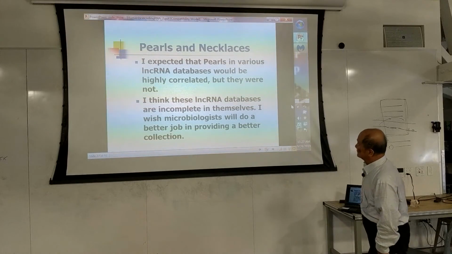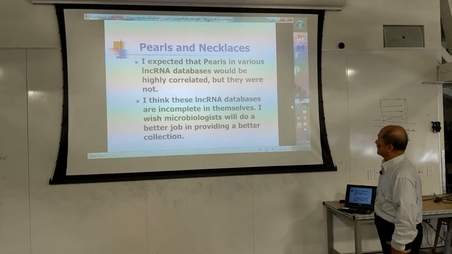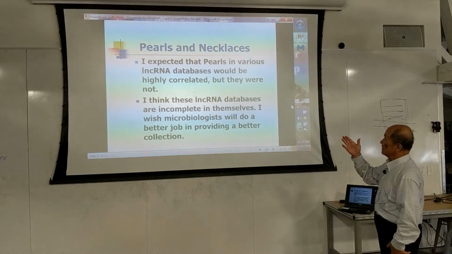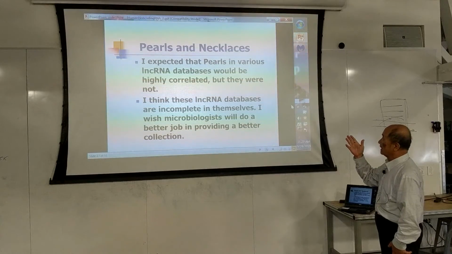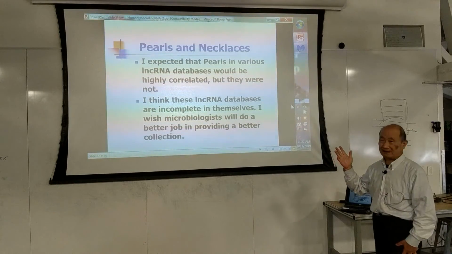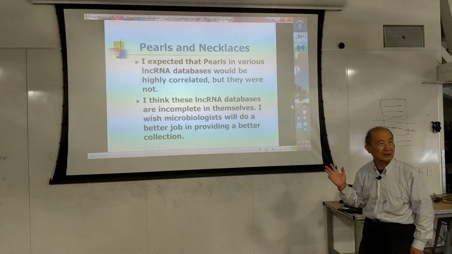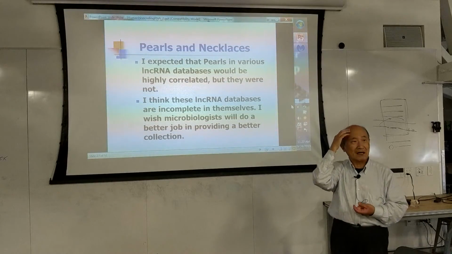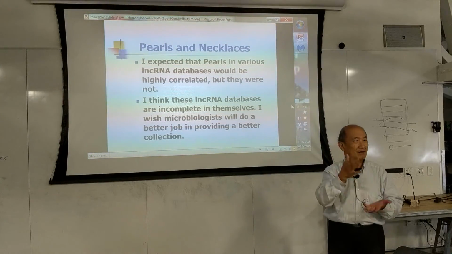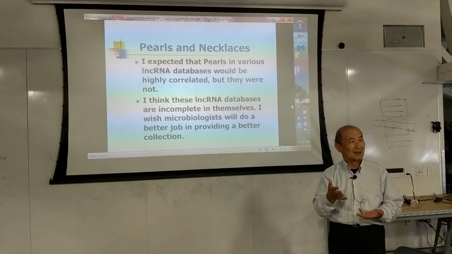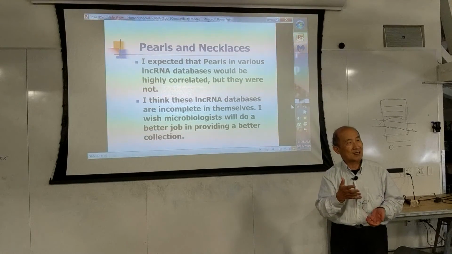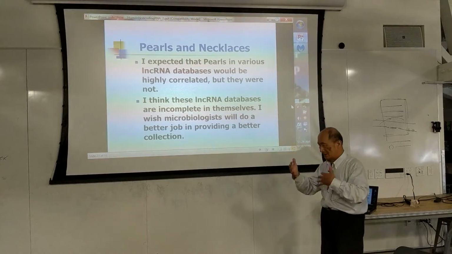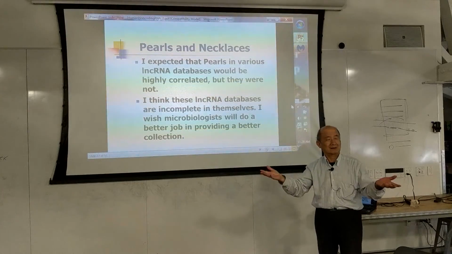So I expect that the pearls in various long non-coding RNA databases will be highly correlated, but they are not. So I try to get all the information I can collect and analyze them. If they are all coming from the same human and they are all recorded with the same technology, each database should be correlated. There are only so many RNAs from a single human being, right?